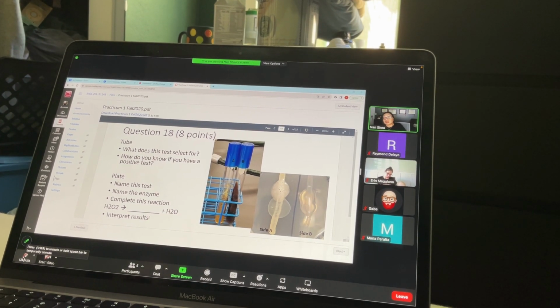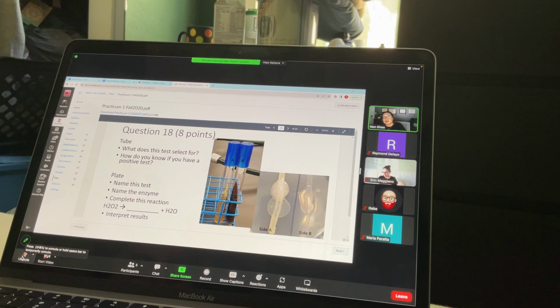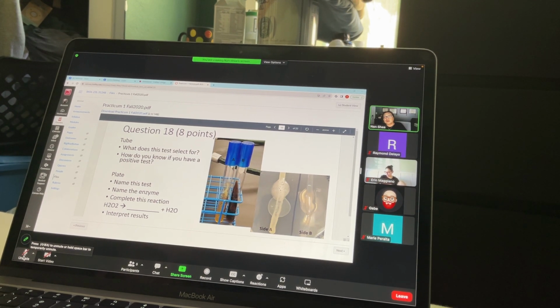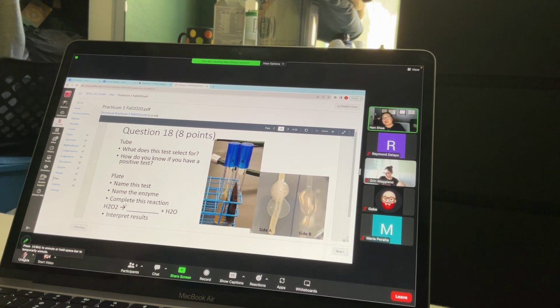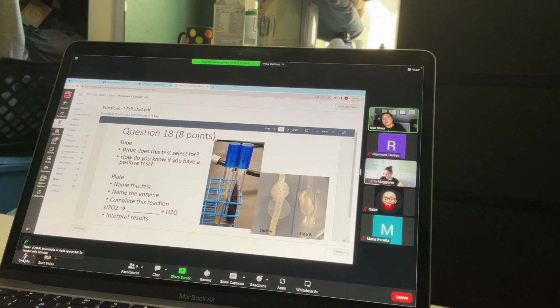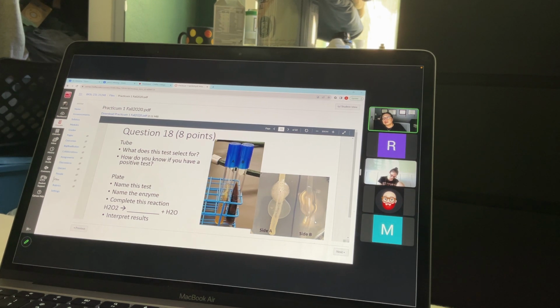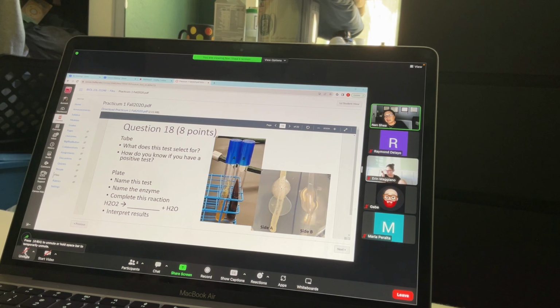And then the last one, interpret results. Site A has bubbles. Bubble is oxygen. So the organism in site A has the enzyme catalase, able to break down hydrogen peroxide. Site B, there's no bubbles, so this reaction does not happen. So this organism does not have the enzyme catalase. I could ask you, what's the purpose of having the enzyme catalase?